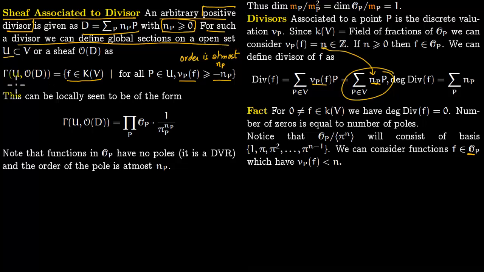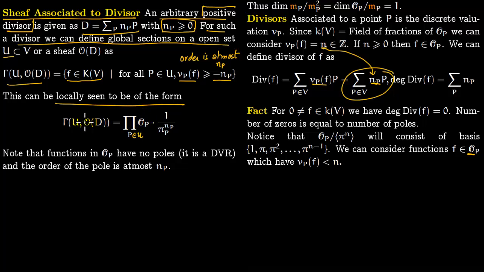This will make more sense when we convert this statement into discrete valuation rings. So locally you have some open set U, you take points in the open set, and you take the product over all the points in the open set you're considering. Sometimes this open set might have very few points. So how does it look?